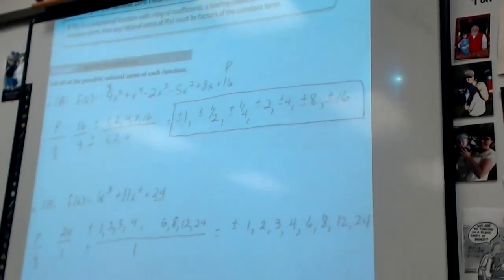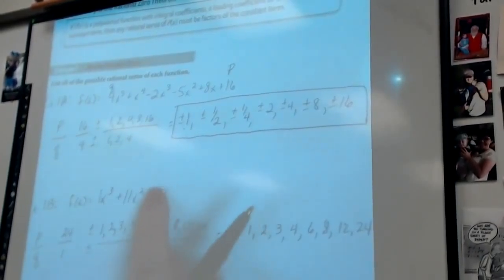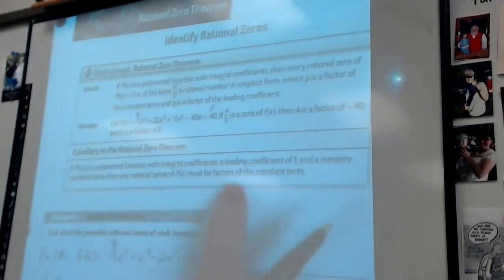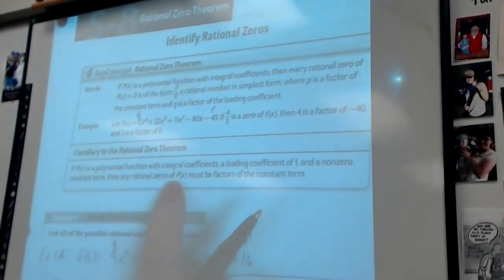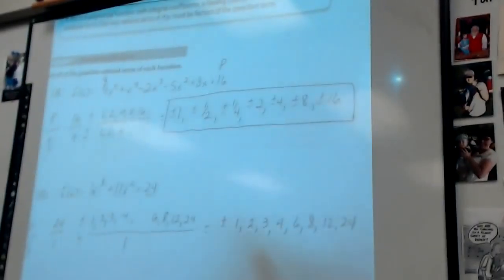So if your denominator is 1 or your leading coefficient is 1, it's going to be the factors of this number, which that's what this corollary says. It goes to a bunch of words, but it basically says that if you have a leading coefficient of 1, then your possibilities for rational zeros will be factors of the constant, which that's what that shows right there.